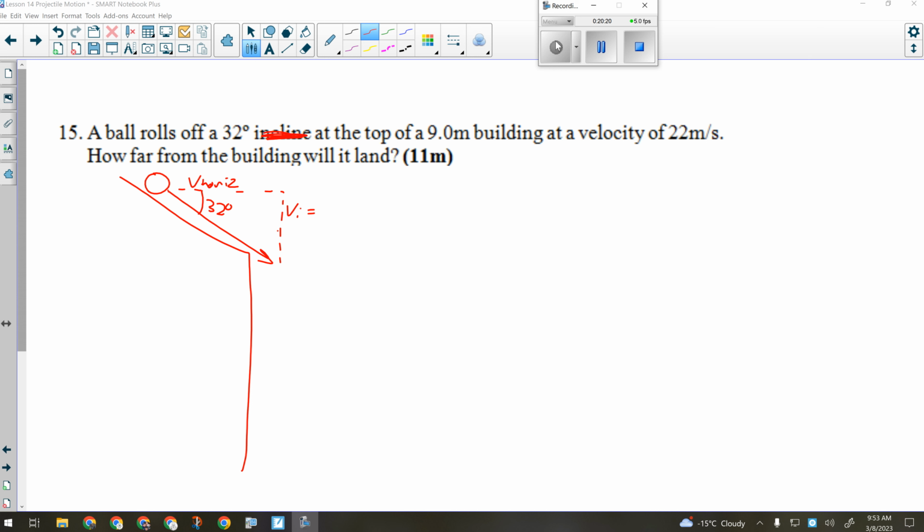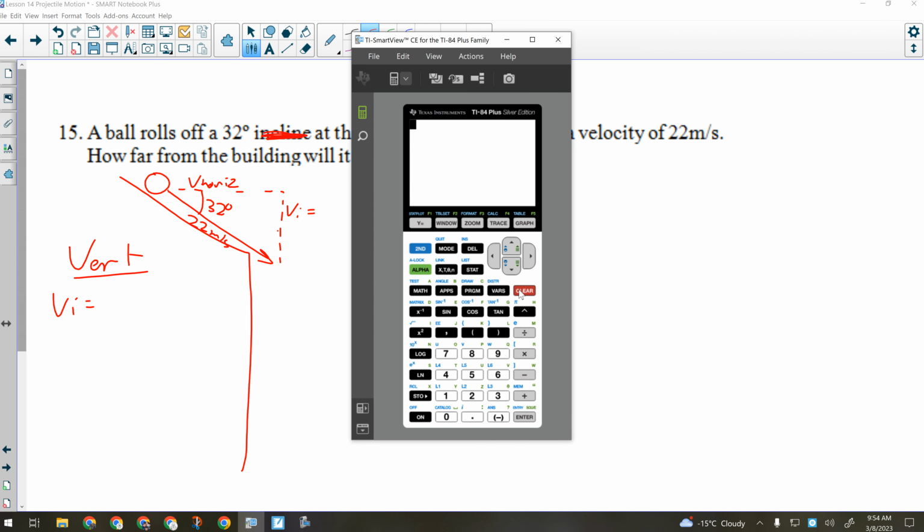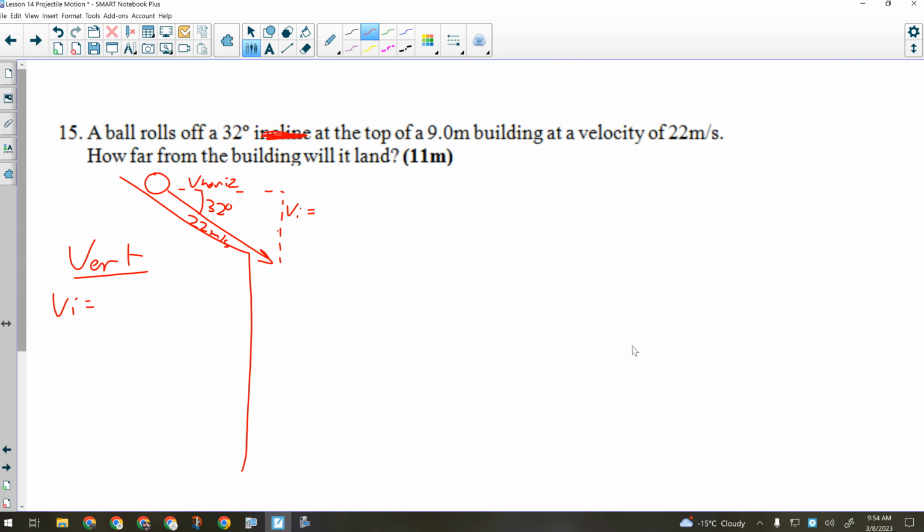So in this one here, we know this is 22 meters per second, we know the angle, right? So we're going to break it up again, vertical and horizontal. Okay, so VI will be the sine of 32 times 22. Okay, so 11.66, but that's negative meters per second. A is negative 9.81 meters per second squared.